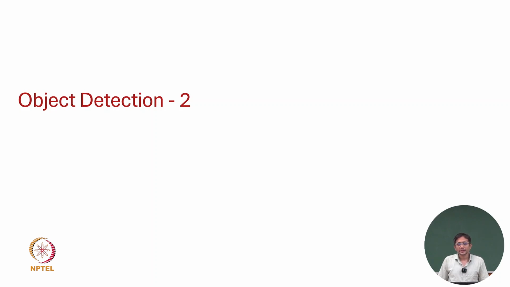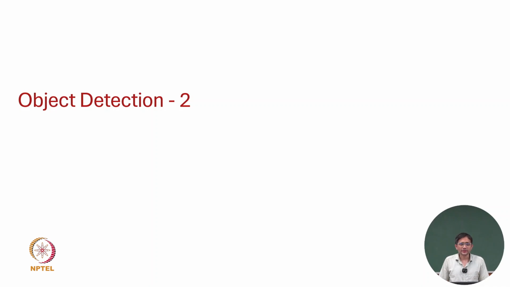In this week, we are mainly focusing on SAR image analysis, different deep learning problems associated with SAR image analysis. Towards this, in the last lecture, we have discussed object detection architecture called RCNN.